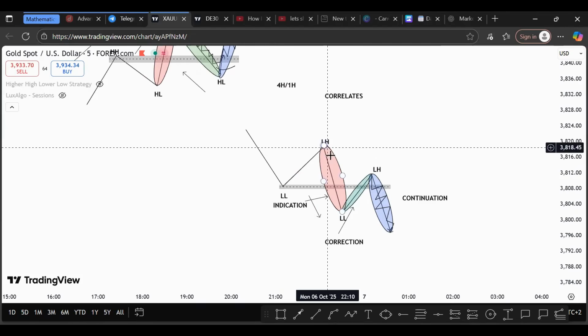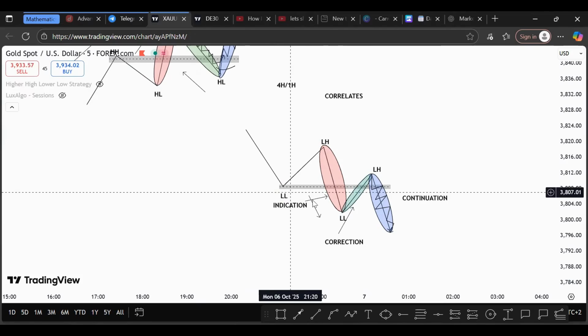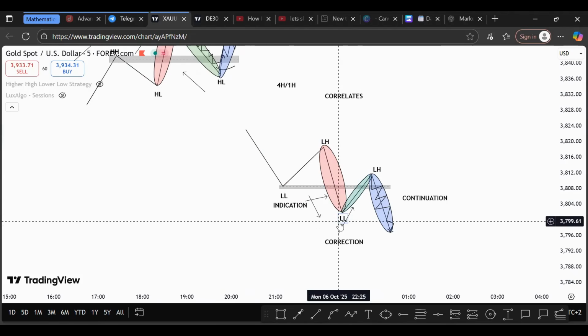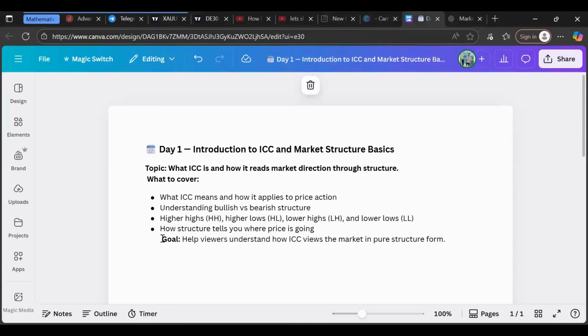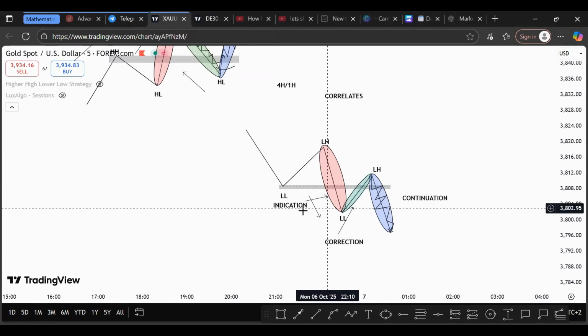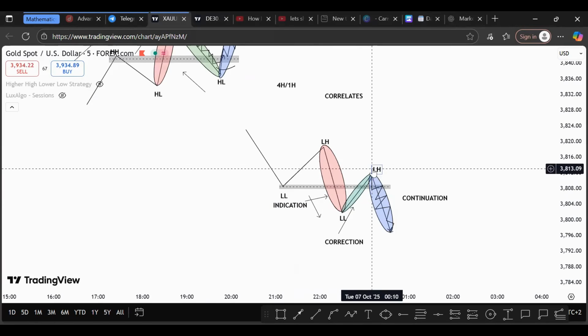Once price has shown you that it can sell below a lower low, giving you another lower low and then creating a lower high, this is exactly how structure tells you where price is going. Structure already gave you an indication that below this level, I'm willing to sell. Now it's corrected back and given you a lower high.